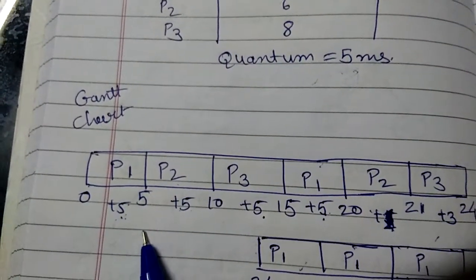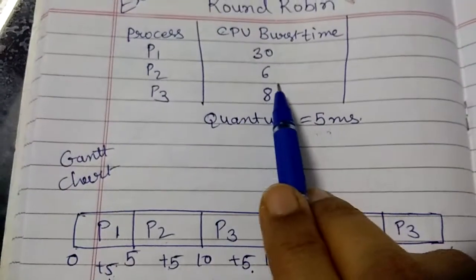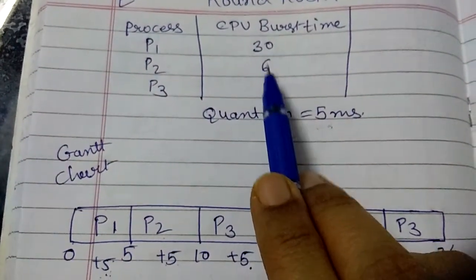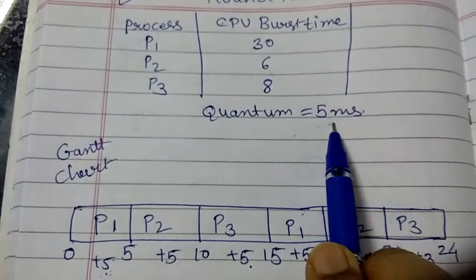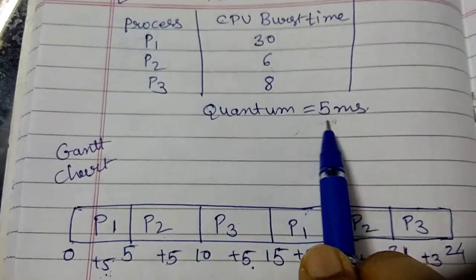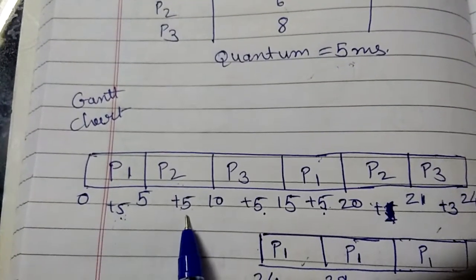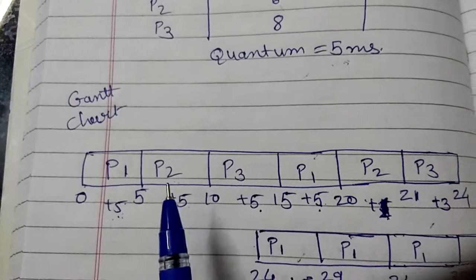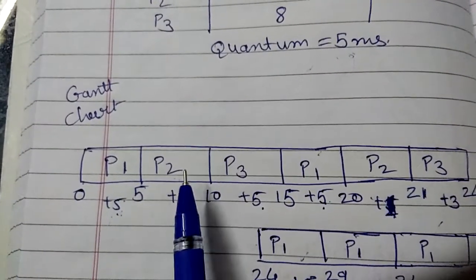Same for P2: it requires 6 milliseconds, but the CPU has allotted only 5 milliseconds for each process. So P2 has utilized 5 milliseconds, and 1 more millisecond is still left with P2.